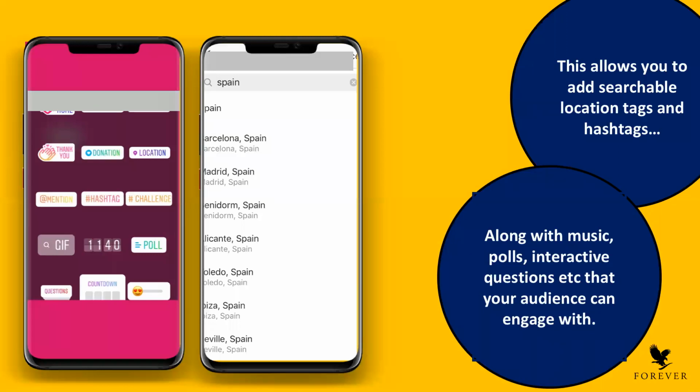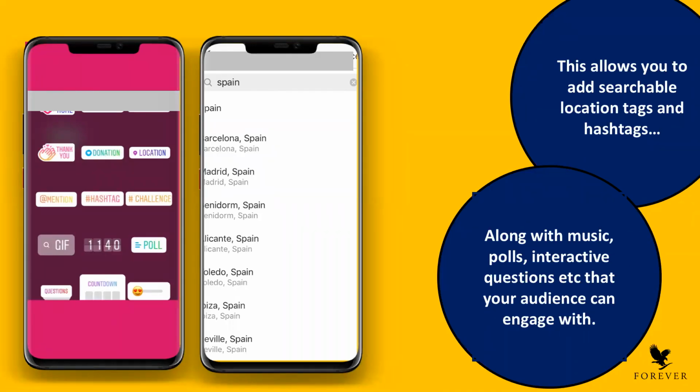So when you click on the further options, you'll see something similar to this left-hand picture. So throughout lockdown, we had the stay home icon that we could add to stories that meant our story was then searchable in the stay home story. But you also have, which is hugely underused, the location tag.